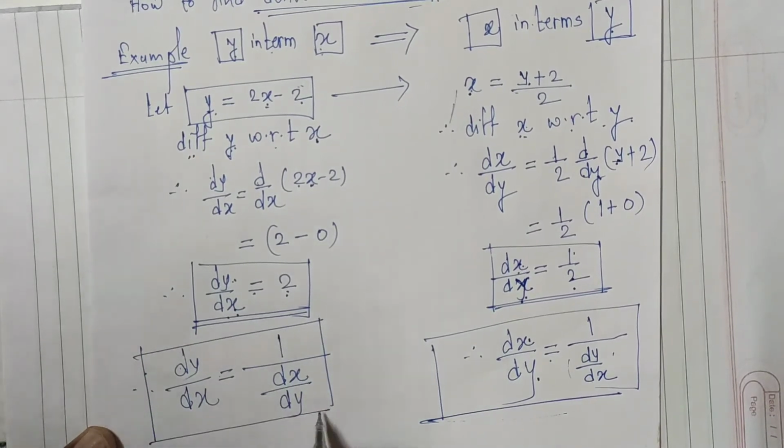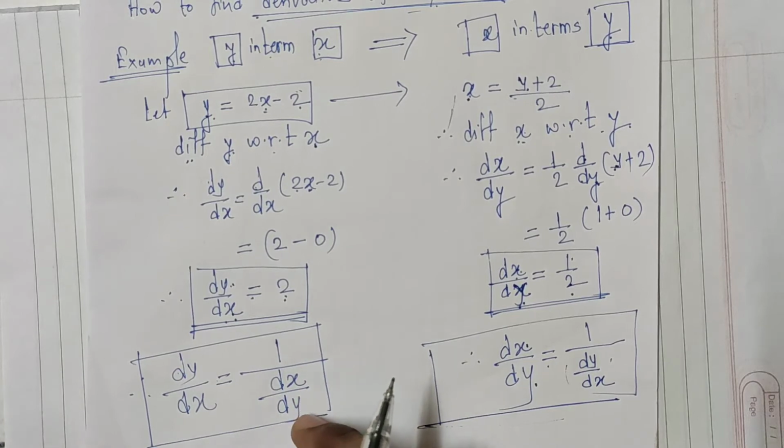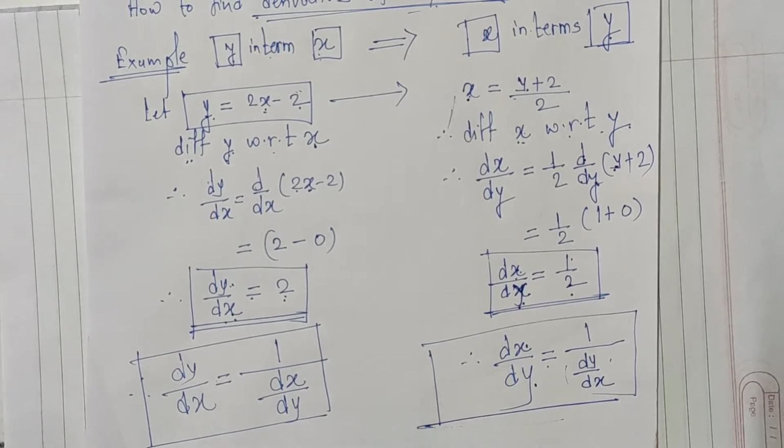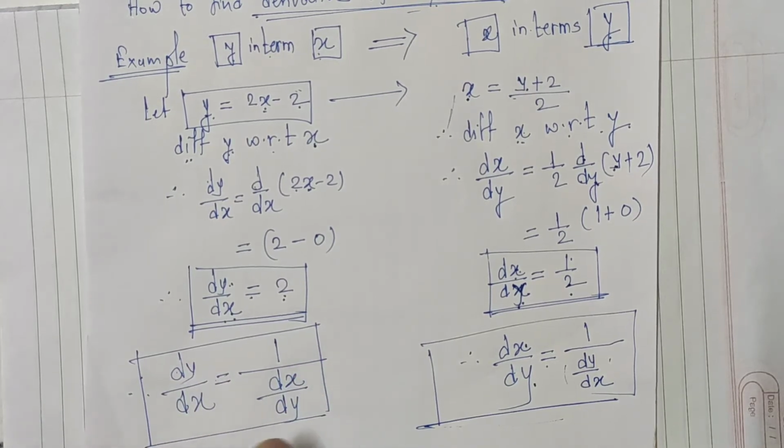This is the relation between the inverse functions y with respect to x and x with respect to y. Okay, you will understand the relation between the derivative of y with respect to x and x with respect to y. Note this formula for the next problem solving.